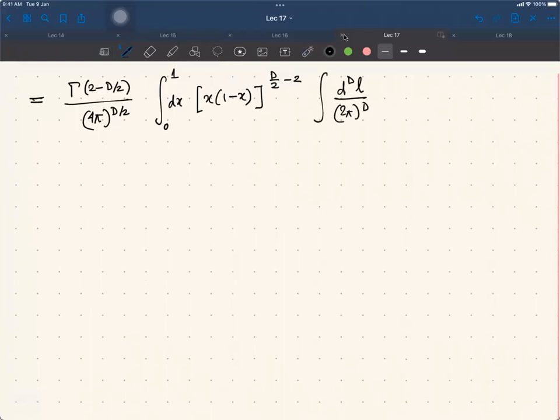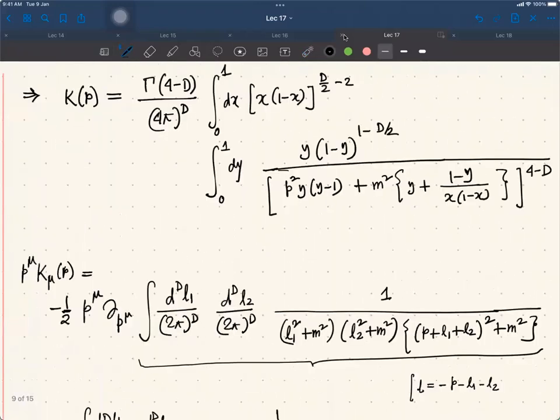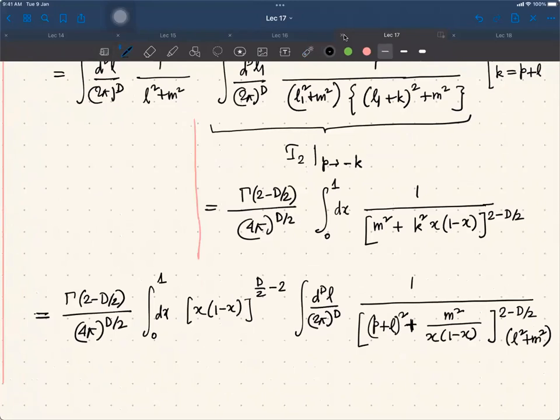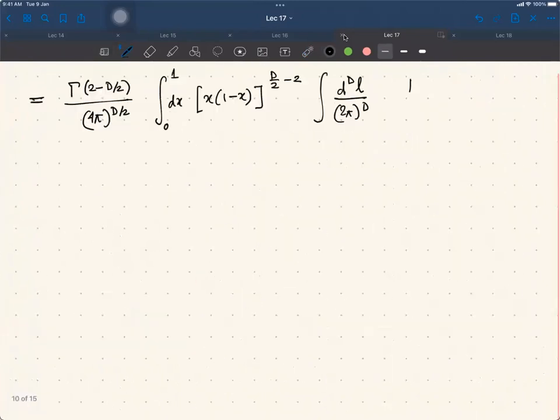Gamma n1 plus n2 by gamma n1 times gamma n2, that is how the expression starts, and the prefactor is that one. So n1 and n2 are 2 minus d by 2 and 1. So gamma 2 minus d by 2 plus 1 divided by gamma 2 minus d by 2 times gamma 1.